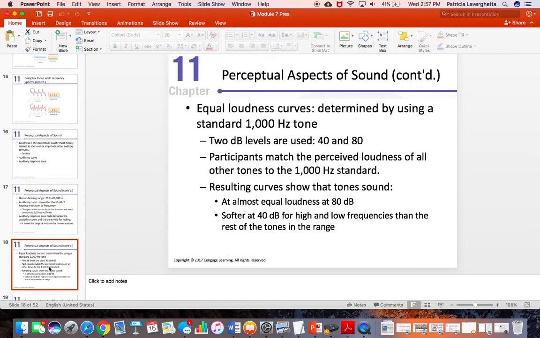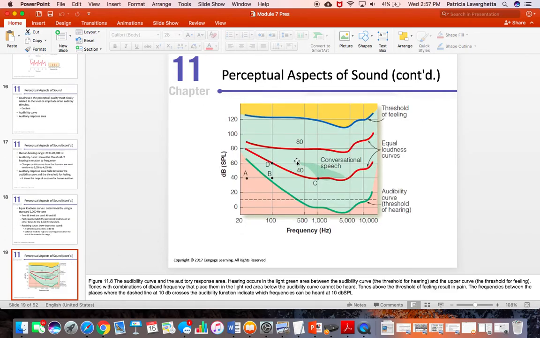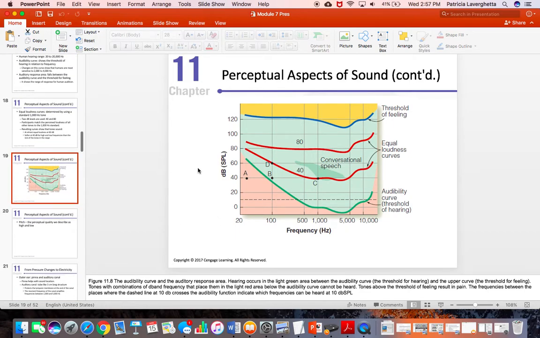And once again, you can go through the equal loudness curves and stuff like that. This is basically going through the sounds as we go through the 20 to, in this case, 10,000. We are not equally sensitive to all of that 20 to 20,000 hertz. We are more sensitive to what's called the mid-range. All right, that's essentially what they're showing there.